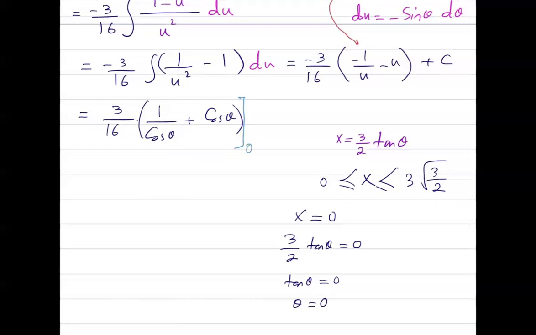Now this is my theta equal to 0 down there. If x is equal to 3 times square root of 3 divided by 2, then 3/2 tangent theta is 3 times square root of 3 divided by 2. If I cancel out 3 and 3, my tangent theta becomes 2 times square root of 3 divided by square root of 2.